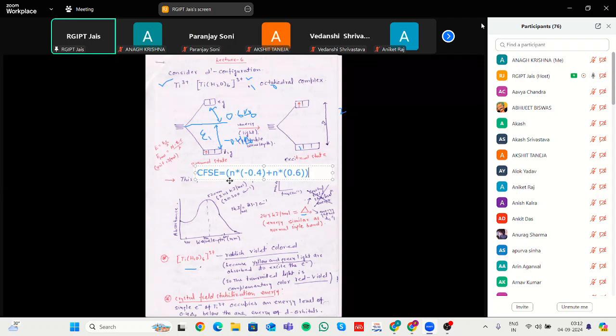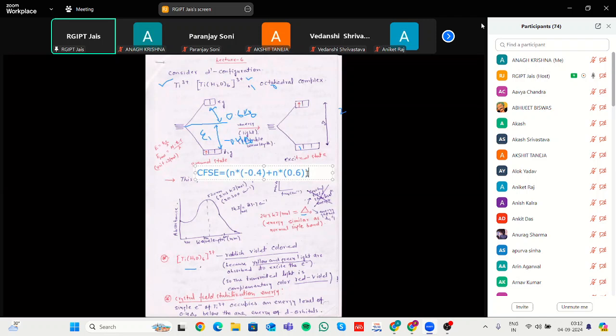The total energy formula is expressed as CFSE: minus 0.4 into the number of electrons in t2g plus 0.6 into the number of electrons in eg, into del O, the octahedral energy.